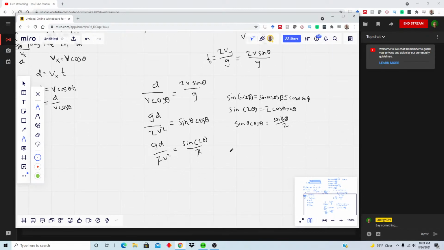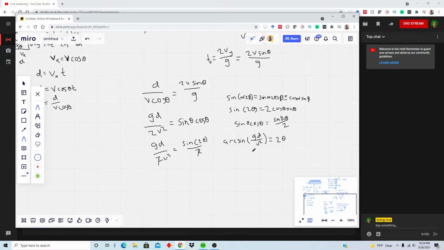We basically then take the arc sine of both sides. Arc sine is basically the inverse of sine. Arc sine of gd over V squared is equal to 2 theta.